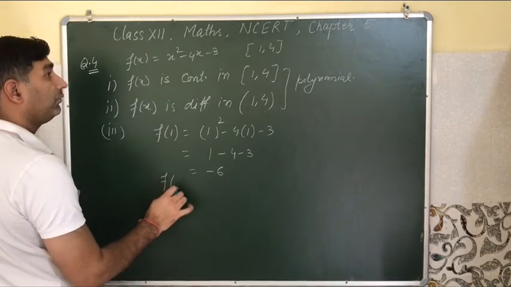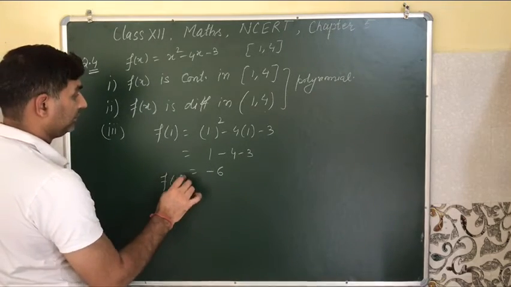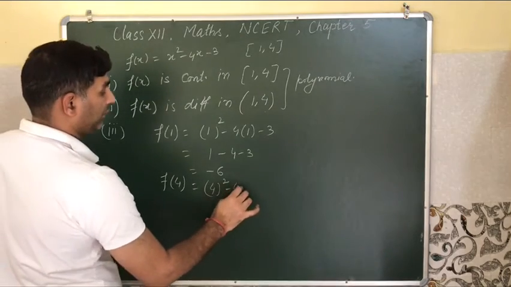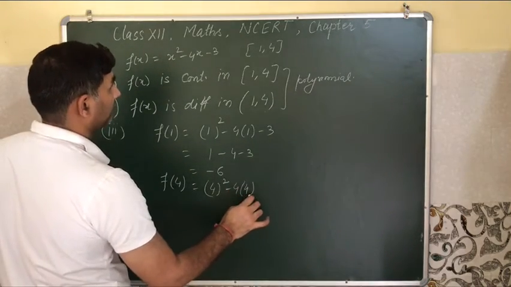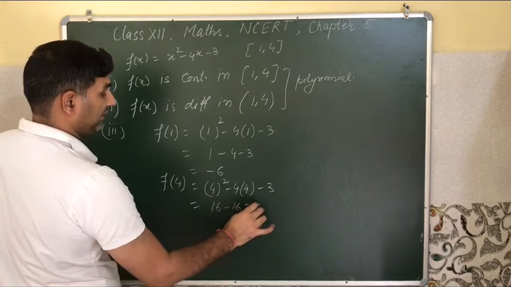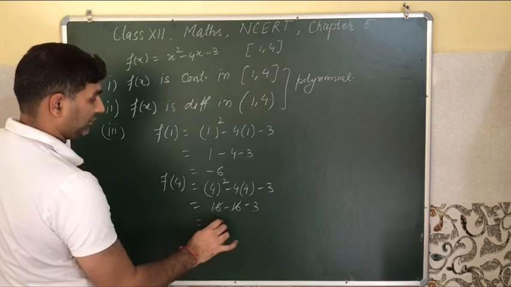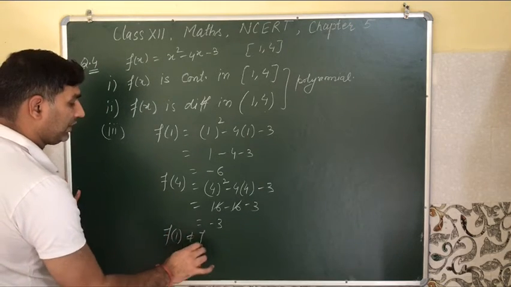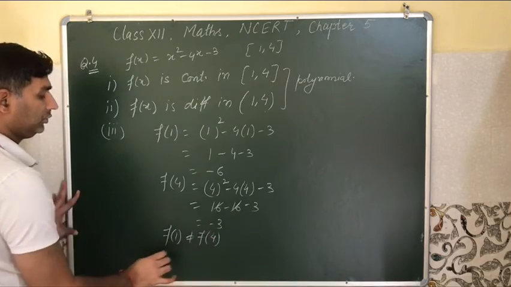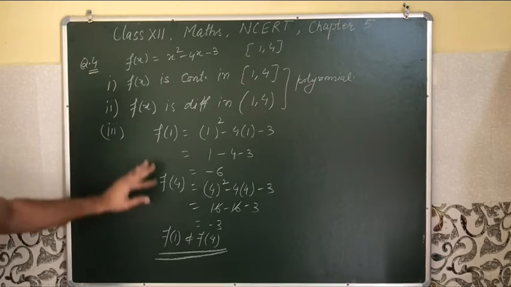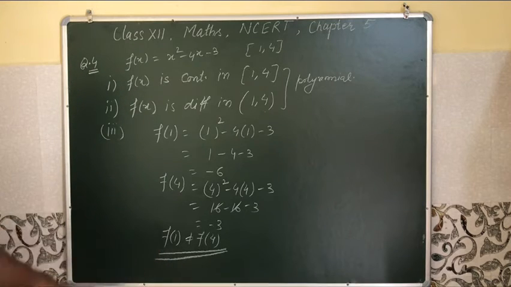Then f of 4 is 4 square minus 4 into 4 minus 3, this 16 minus 16 minus 3, which is equal to minus 3. That means f of 1 is not equal to f of 4. दोनों आपस में इक्वल नहीं है. That means above all three conditions satisfy the mean value theorem.